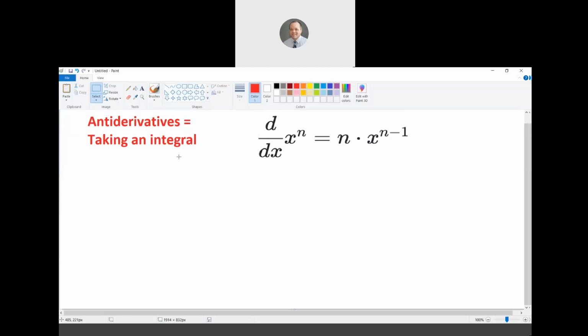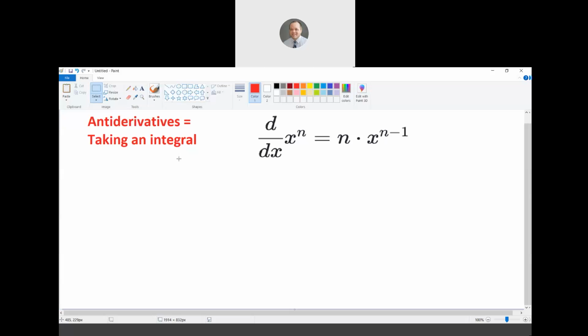So we're used to it. Power rule, you guys know, is you move the original exponent represented by n here to the front and multiply it by any constant that may be there. And then to complete the power rule for derivatives, you subtract 1 from the original exponent.